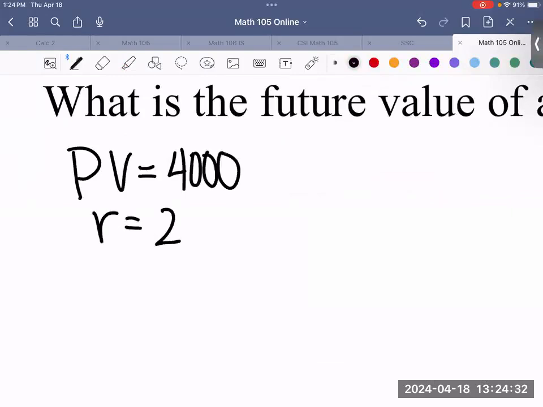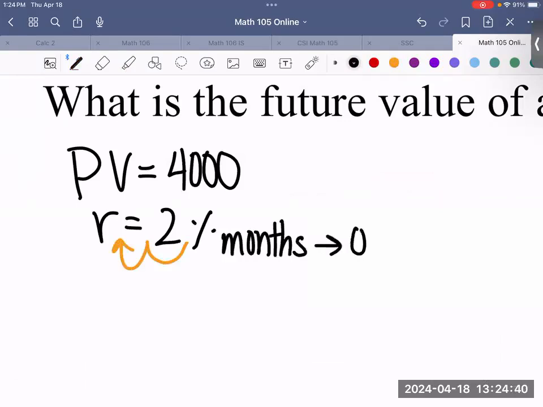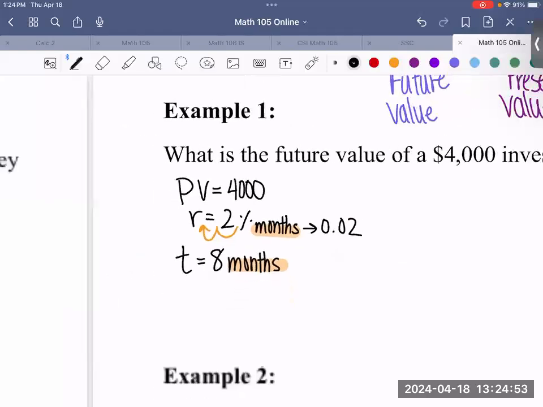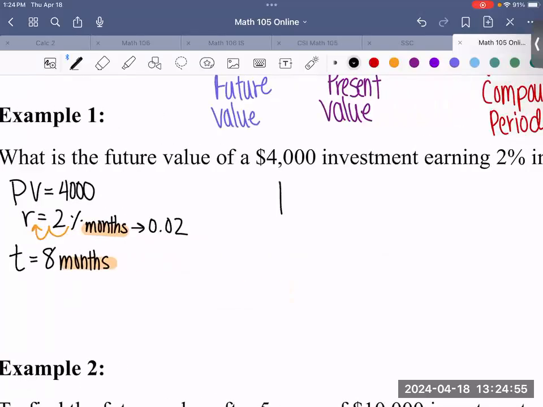Your rate, they said, was 2%, which we're going to move that decimal place over. This is already talking about months, 0.02. Your time is 8 months. Again, key here is that these two match. No conversion necessary. So instead, we can just use your formula from above.